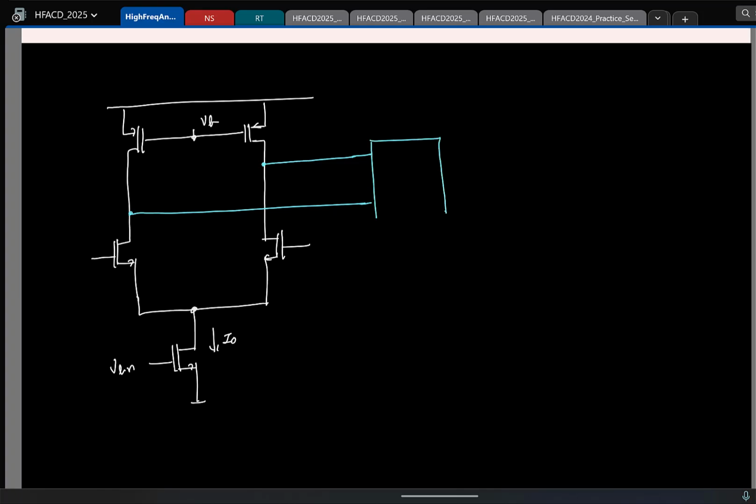So we'll say that we are finding the common mode, or even better, I will say that I am detecting the common mode. So we'll call this the common mode detector. So this will give me the output common mode. So I have done the first part. I have sensed the output common mode.